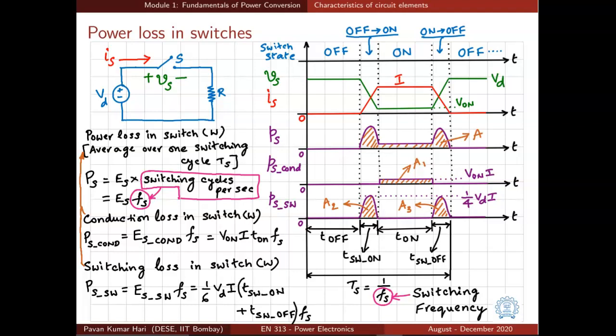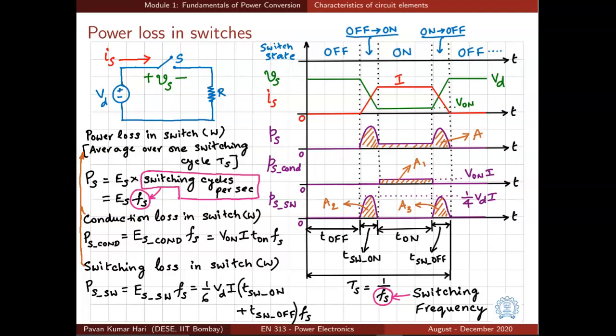And the average switching loss, or simply switching loss in the switch in watts, is Ps,sw, which is the product of Es,sw multiplied by Fs, and that is given by this expression: 1/6 Vd I into (Tsw,on plus Tsw,off) multiplied by Fs.